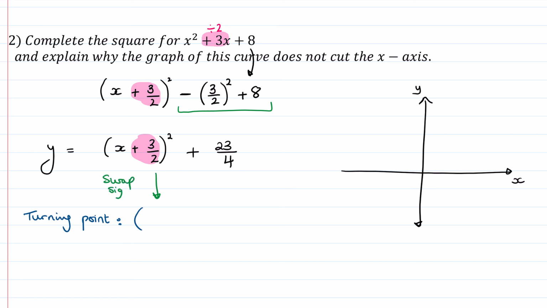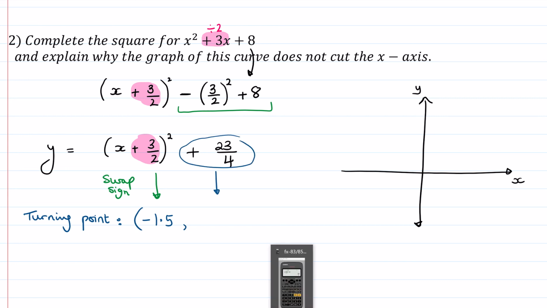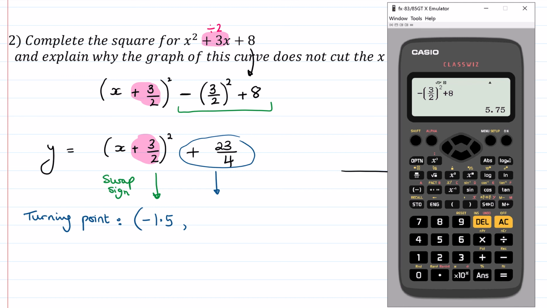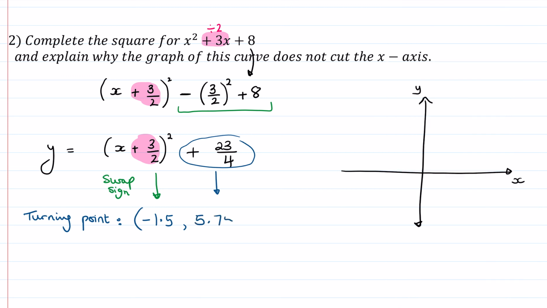So since this is a positive 3 over 2, it's going to be a negative 3 over 2 or negative 1.5. At this point, it's probably good to use decimals so you have a better feel for the number. And then the y coordinate is this number without swapping the signs. So if I use my SD button, this is 5.75.